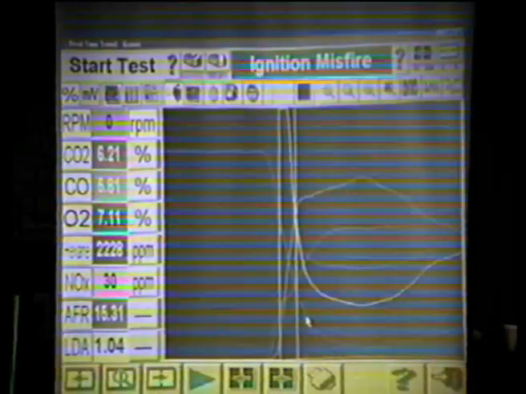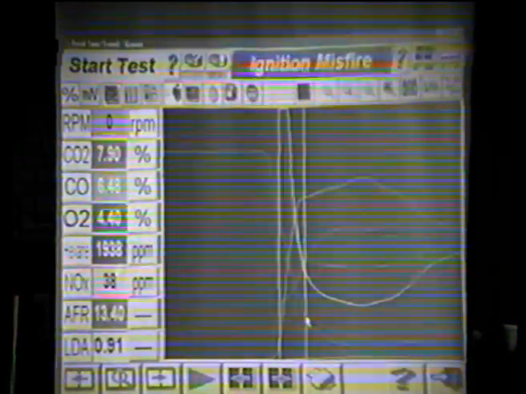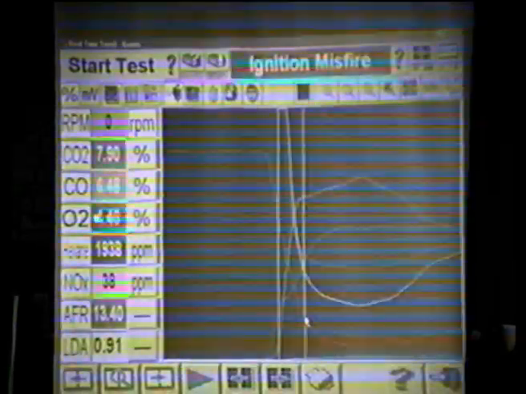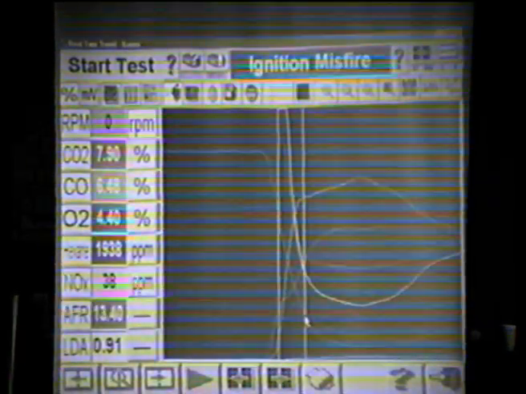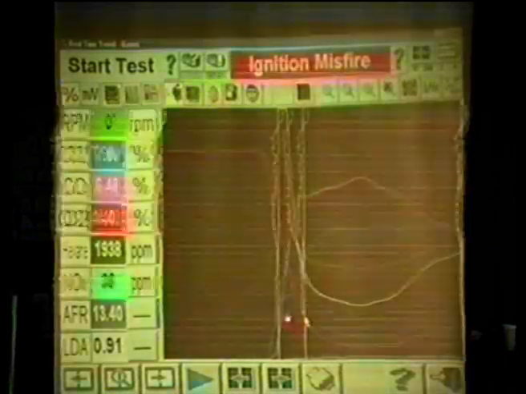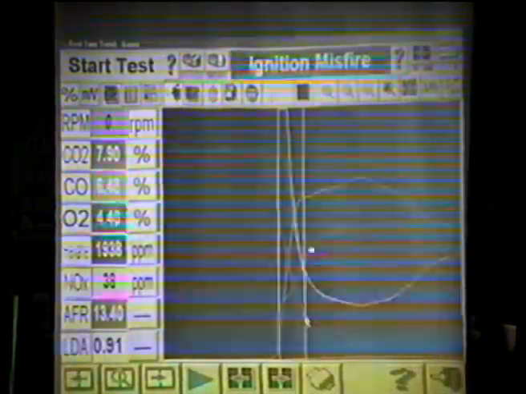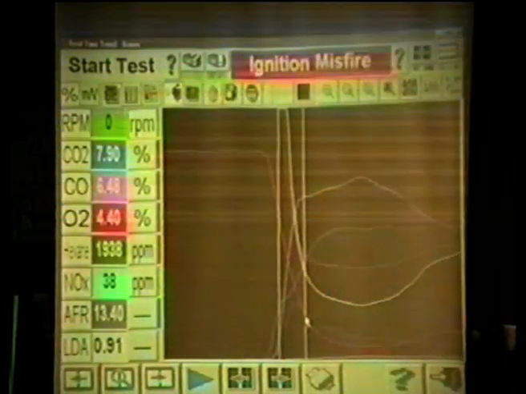Even at this point here where it's really quite rich, you can see just how much oxygen is still left over from the combustion. And this vehicle has obviously overfueled quite badly during cranking.